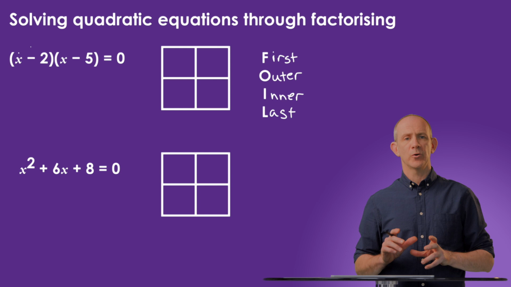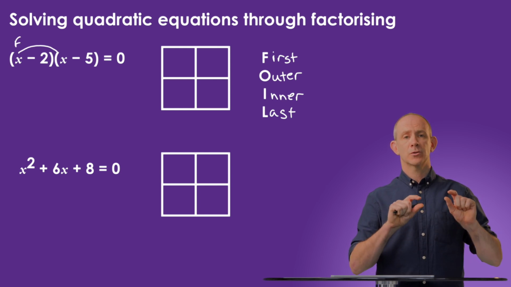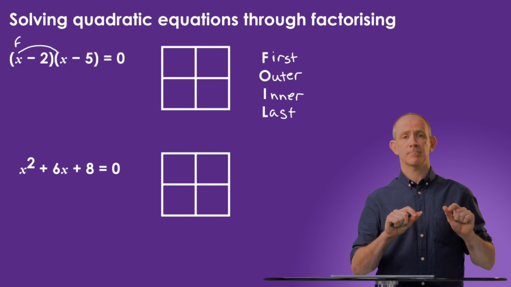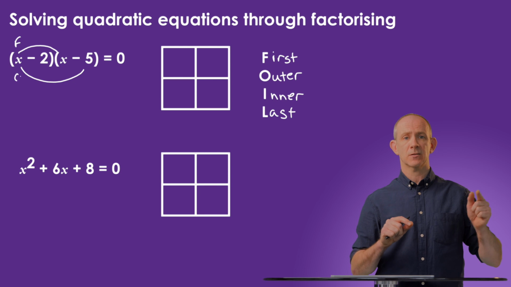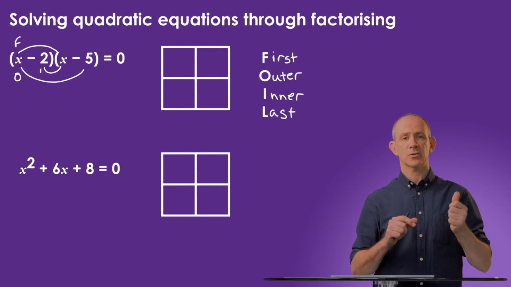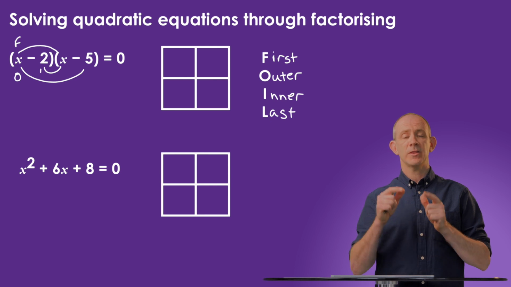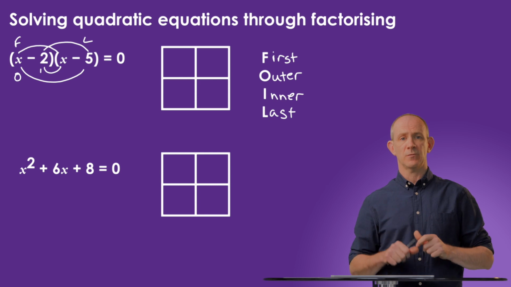When we talk about the FOIL method, we're talking about the first terms in each of the sets of brackets, then the outer terms in the two sets of brackets, so the x and the negative 5, then the inner terms, so the negative 2 and the x, and then the last two terms in either of the brackets, negative 2 times negative 5.